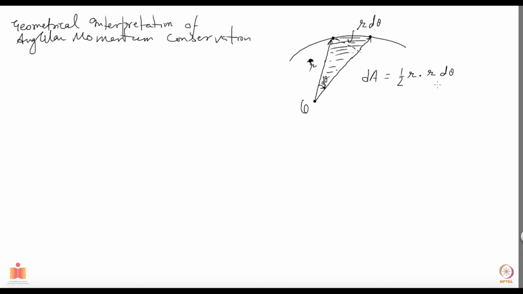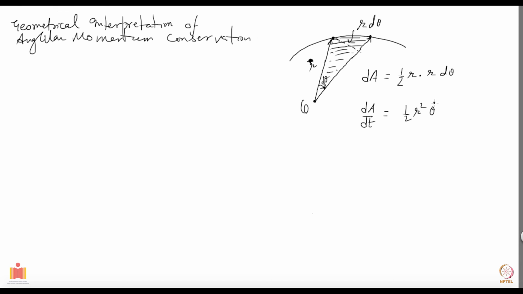Okay, that's the area of the triangle or the sector, which coincide when your angle is infinitesimal. And if I calculate dA over dt, all I have to do is divide both sides with dt.